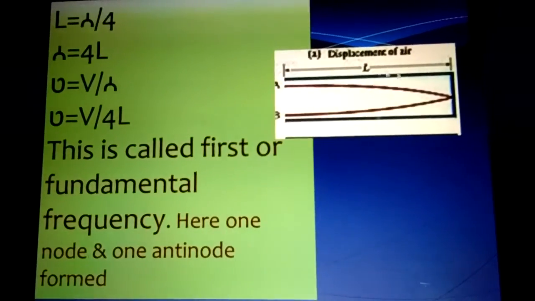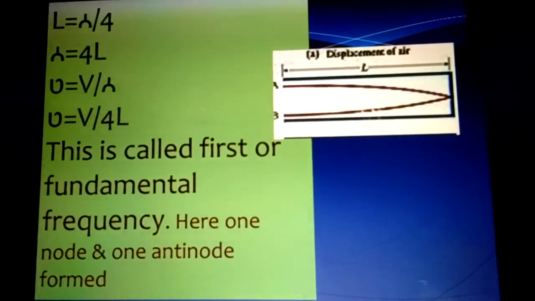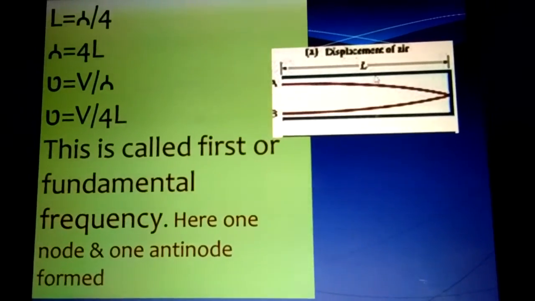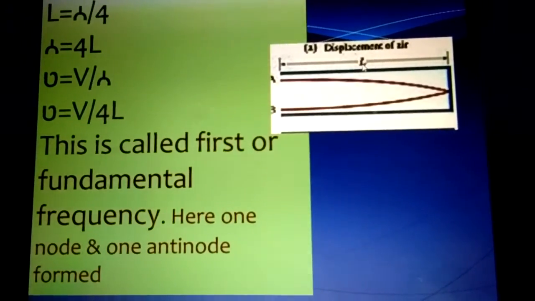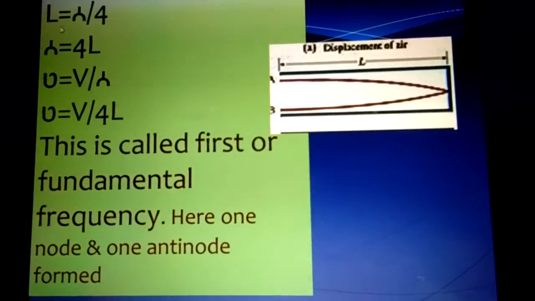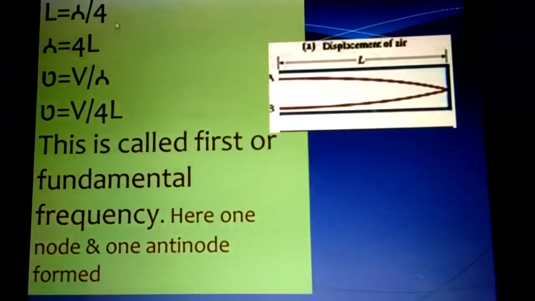So in the closed pipe, this is the first mode. The length is L, so L equals lambda by 4.